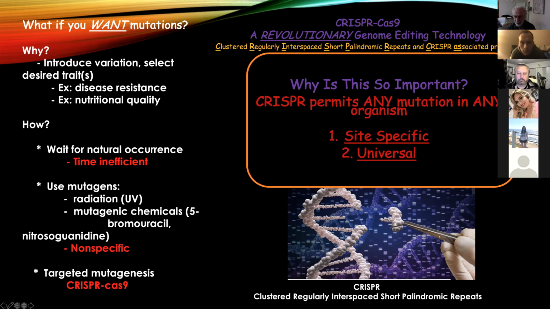CRISPR is important because it is site-specific, meaning it targets the gene that you want to target, and it's universal. You can do it in any organism, no matter what organism you're working with. This little diagram is supposed to illustrate the precision, where you take forceps and pluck out the little piece of DNA that you want to remove.